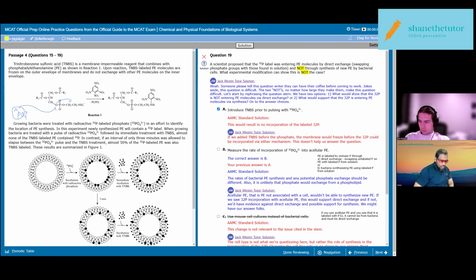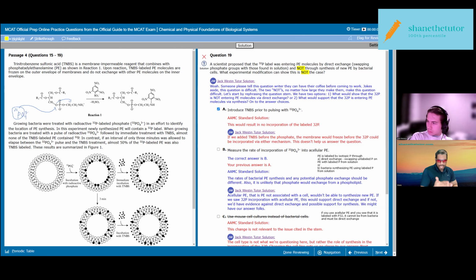So there's two ways that isotopic phosphorus can enter into the PE molecule. Either direct exchange, which is just swapping the unlabeled phosphorus on PE with the labeled phosphorus in the solution. Another way is bacteria can synthesize the PE also using phosphorus from a solution.